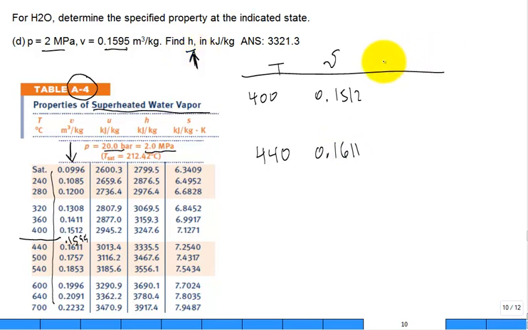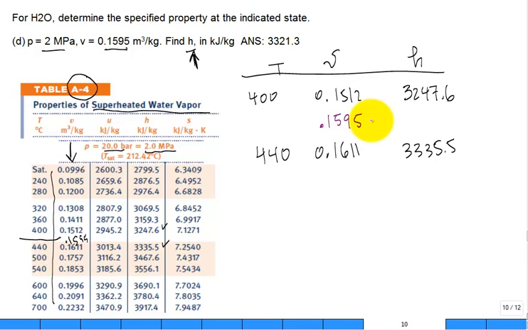So I skip the U and the S column, and I just put my enthalpy values. And my enthalpy at 400 is 3247.6, and then 3335.5. So these values right there. All right. So I like to think about it this way. I'm coming in with this value, 0.1595. I double check. Is it in between these two values? Yes, it is. That's good.